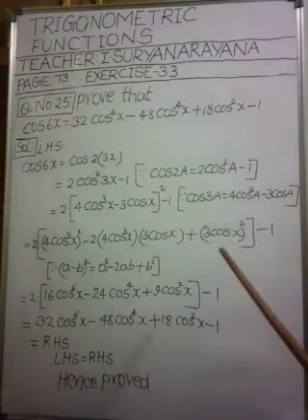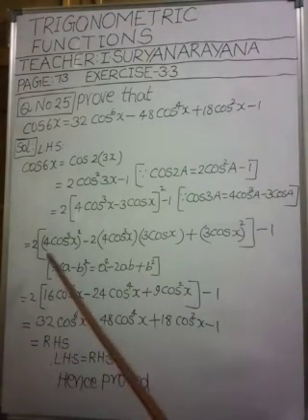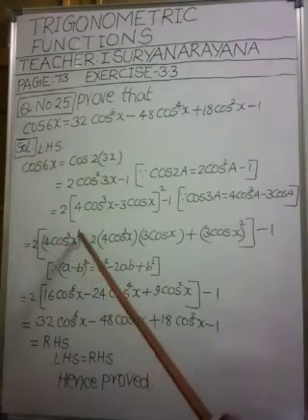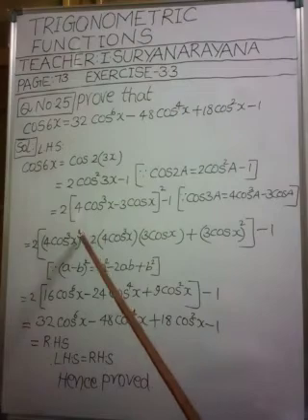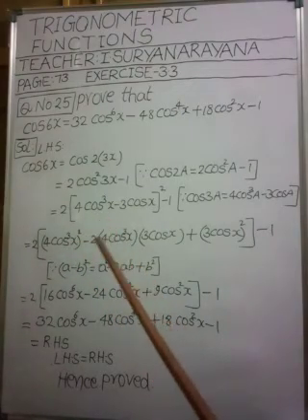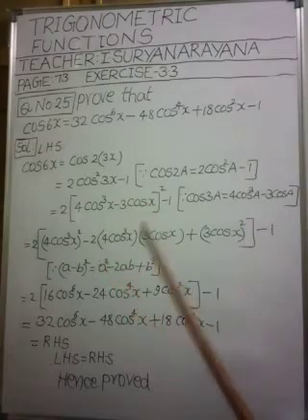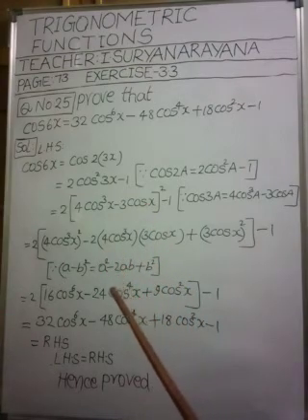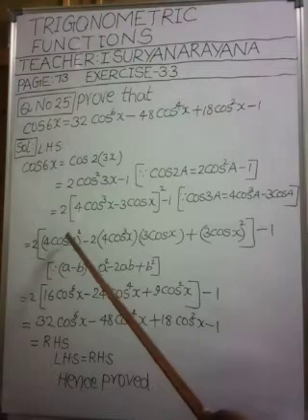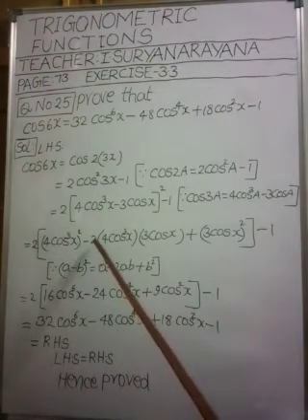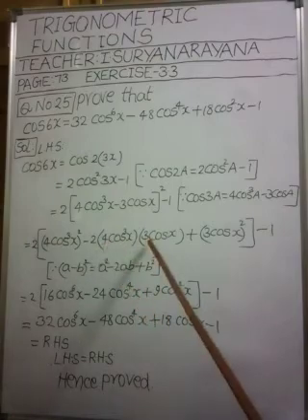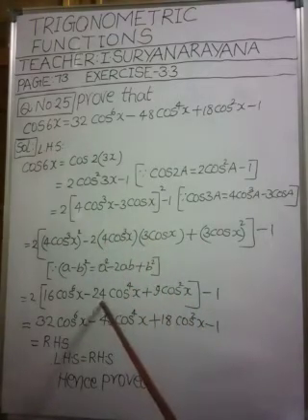Right. Now we simplify the terms. 4 cos cube x whole square: 4 square is 16, and cos cube x whole square is in the form of a power m whole power n, so by the laws of exponents, a power m whole power n is a power mn. So we get cos power 6x. Then minus 2 into 4 into 3 is 24.